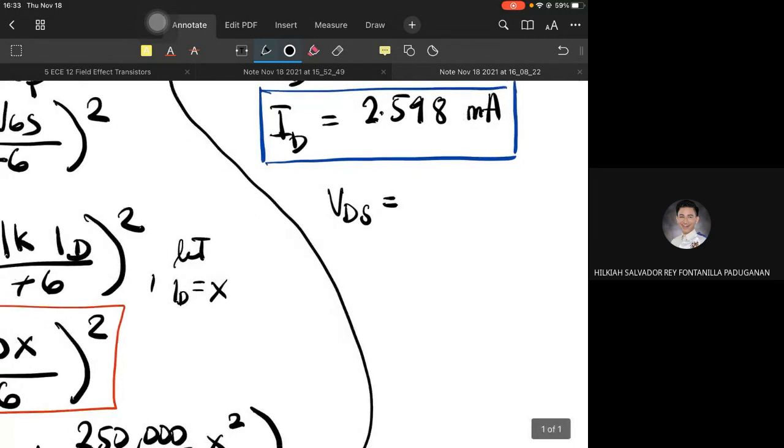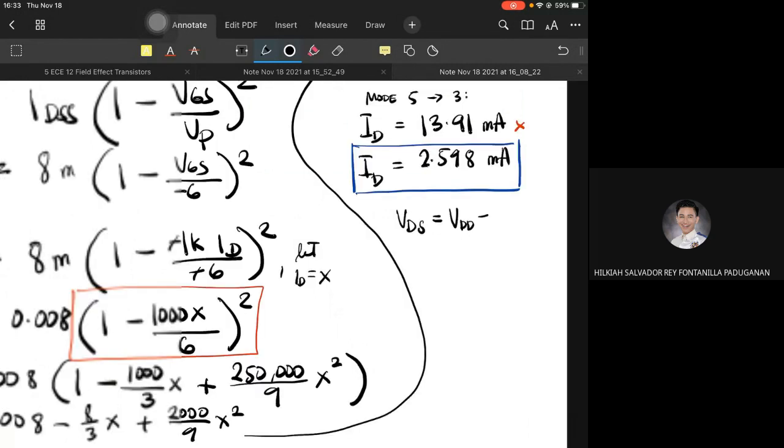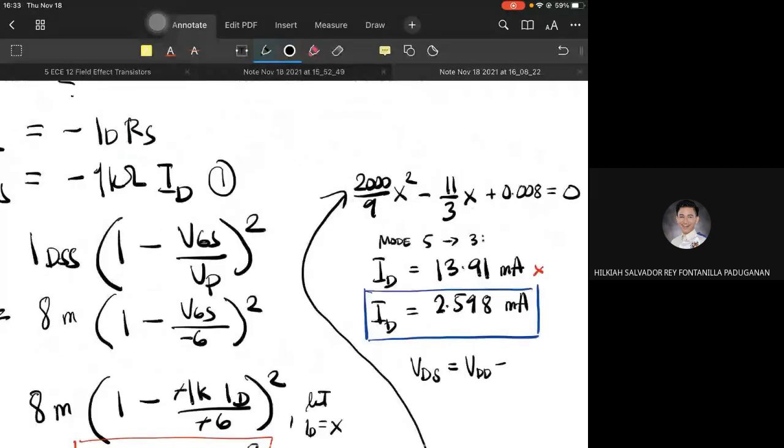So, VDS is equal to VDD minus ID, RD plus RS.